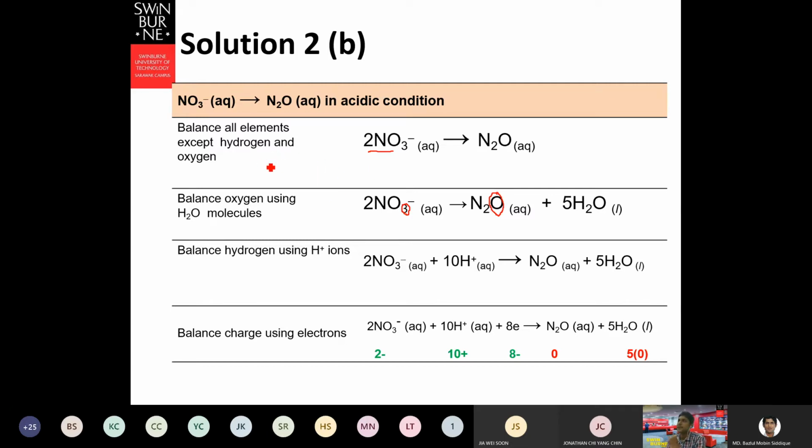Now, for balancing the reaction, first of all we can just multiply with 2 so that at least the nitrogen is solved. Otherwise, we cannot have the nitrogen. There is nothing else coming, right?